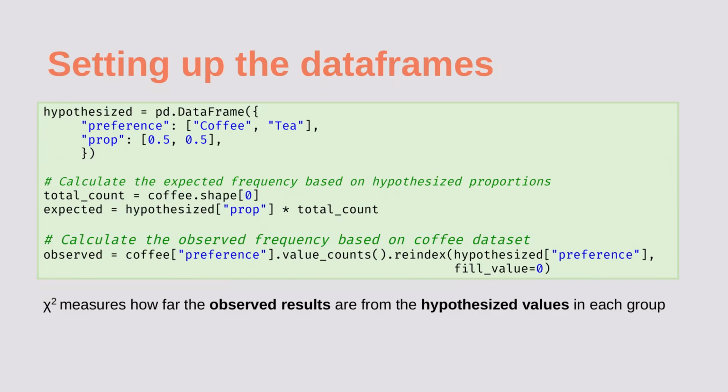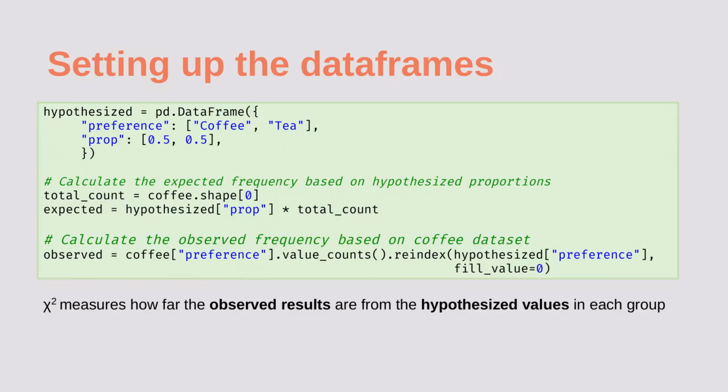To compute the chi-square test statistic, first we set up a data frame representing our hypothesized proportions. In this case, assuming that 50% of the people prefer coffee and 50% prefer tea. We then calculate the expected counts by multiplying those proportions by the total number of responses in our dataset. Next, we compute the observed counts. That is, how many people in our data actually chose tea or coffee.